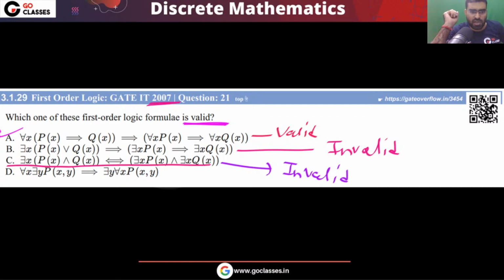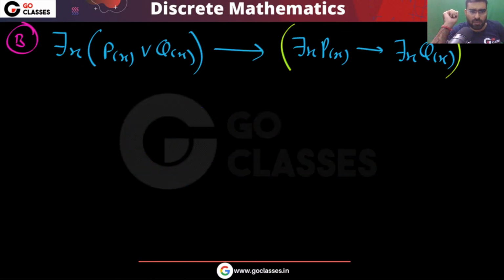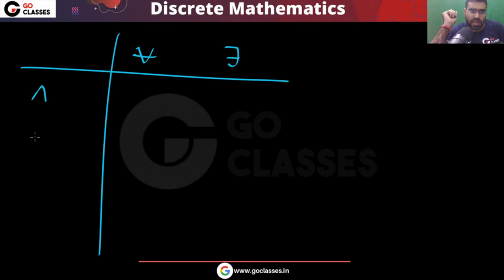So existential quantifier, this is the table if you remember. There is a universal quantifier, there is an existential quantifier. There was this type of table with and, or, implication: by implication, forward implication, backward implication.